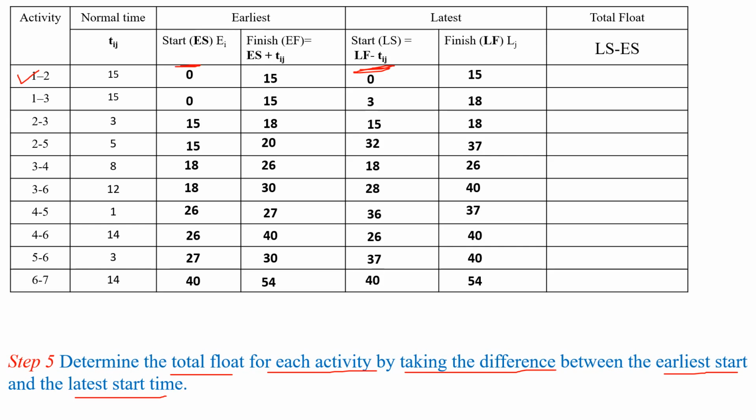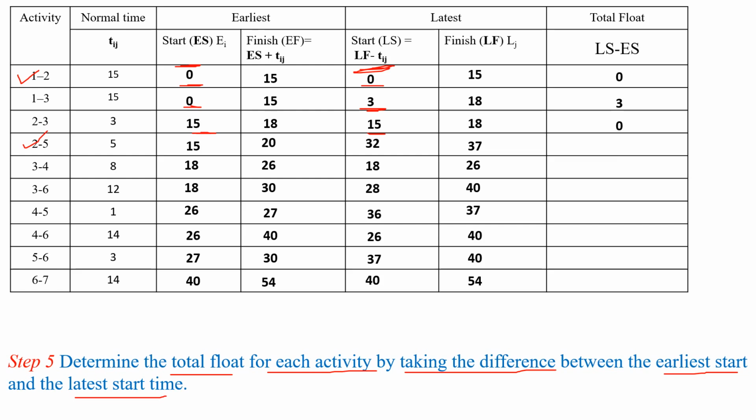For activity 1 to 2, latest start time is 0 and earliest start time also 0. Then 0 minus 0, it will become 0. And next activity 1 to 3, 3 minus 0, it is 3. And next activity 2 to 3, 15 minus 15, it is also 0.